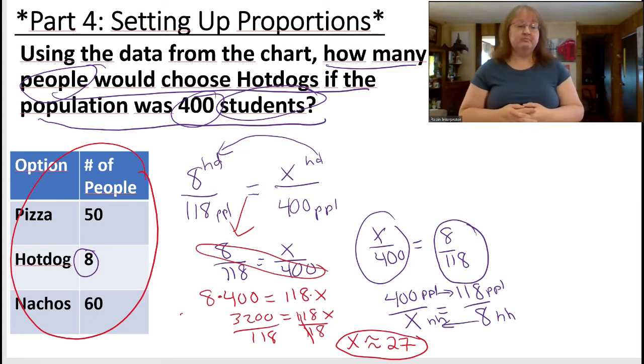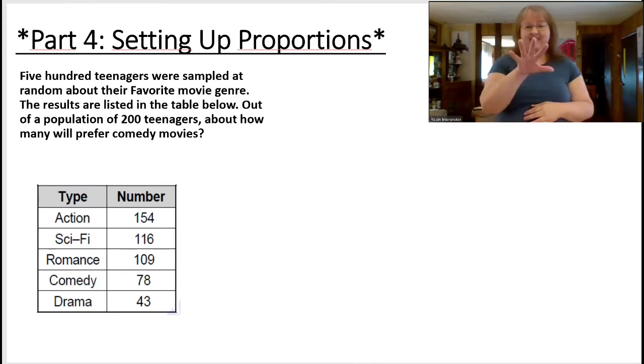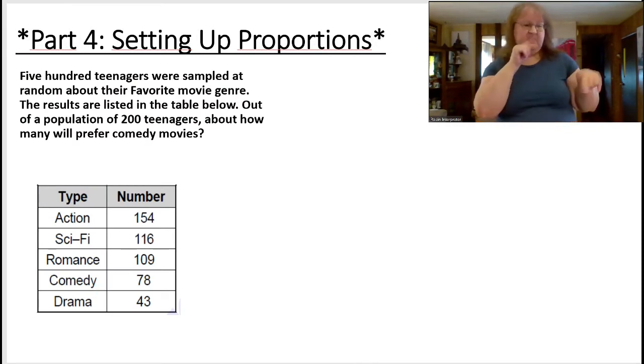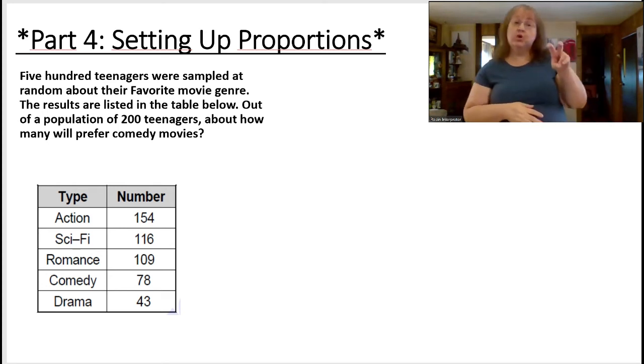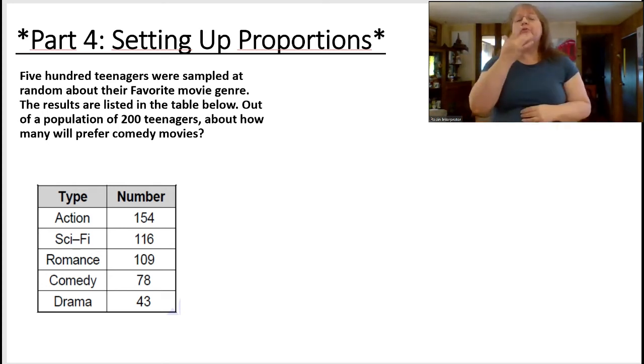All right, let's try another one. It says 500 teenagers were sampled at random about their favorite movie genre. The results are listed in the table below. Out of a population of 200, about how many would prefer comedy movies?